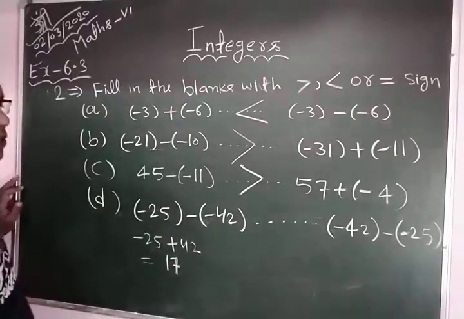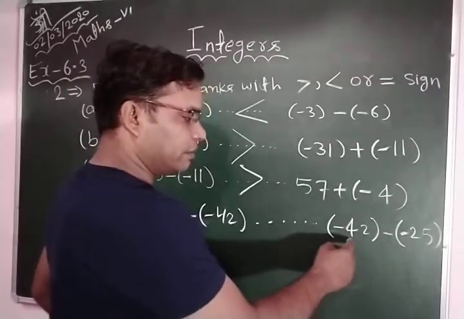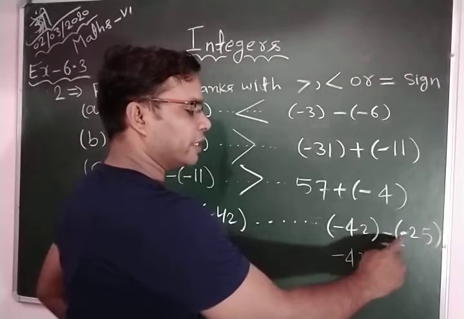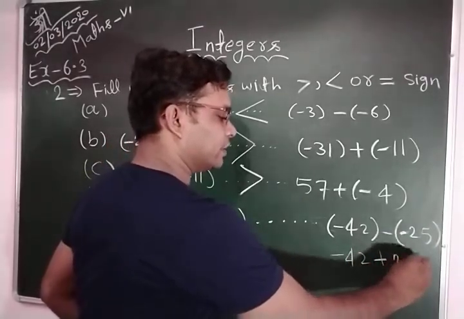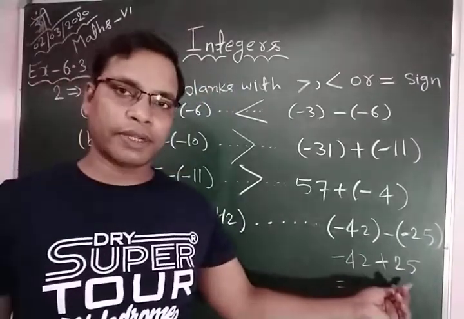Now we are going to solve this part, and here we write 42 as it is. Here minus into minus becomes plus, and we write 25 as it is. Okay, and here this is minus 42 and this is plus 25.